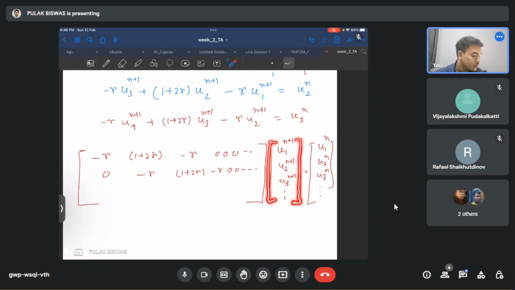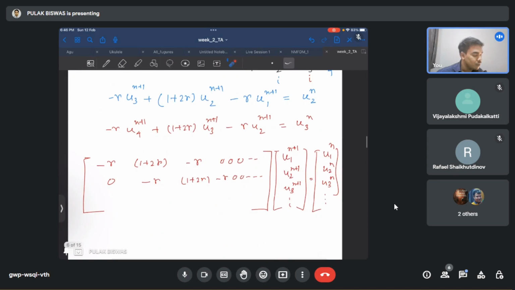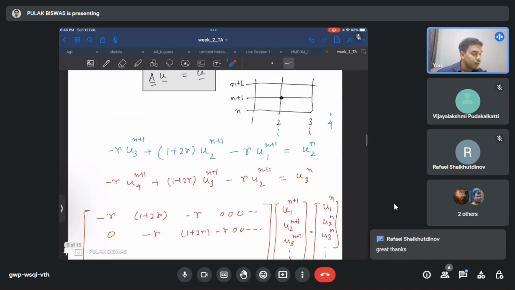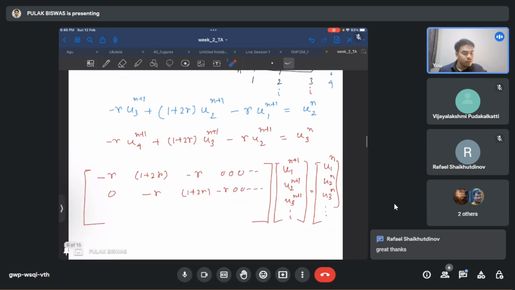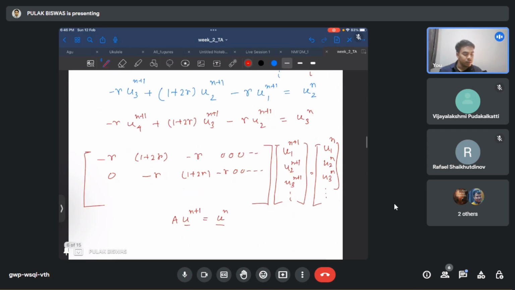You want to find the u values at this level, and you have values provided by the initial condition at this level. So now you can solve like this. If this is the u n plus 1 vector, you can solve it by matrix inverse, and then you can get this vector. So this is what I was trying to tell you.